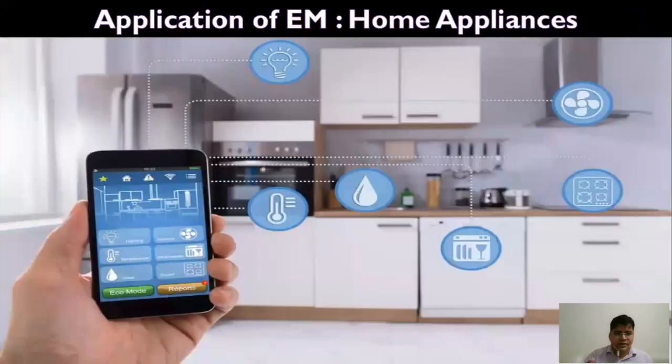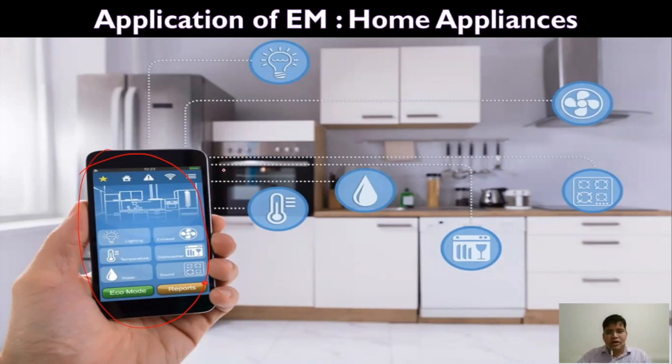You can see more home appliances here, all the AI based gadgets. They use electromagnetic waves, so you can operate all your home appliances through a mobile. It uses electromagnetic fields, and all of us know how it is connected to each other.